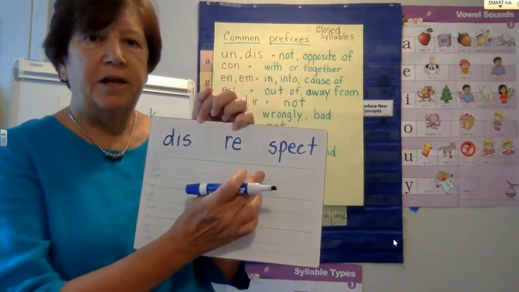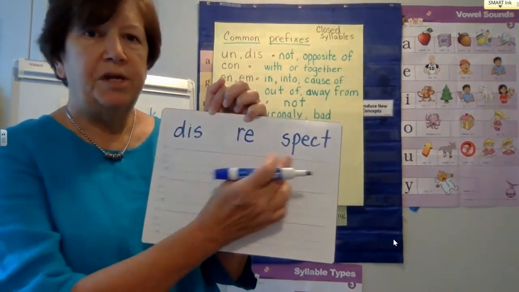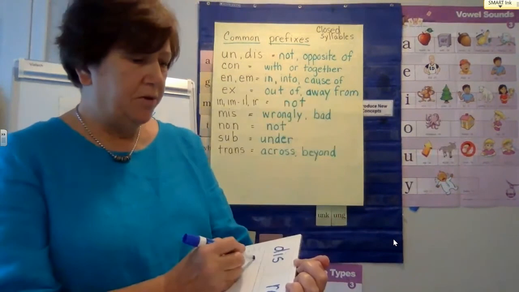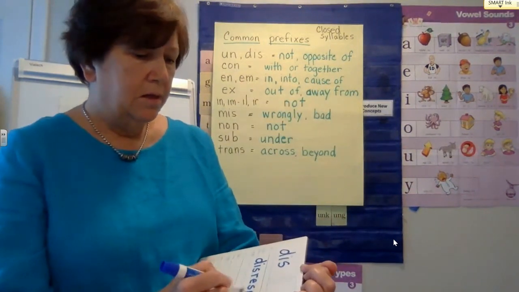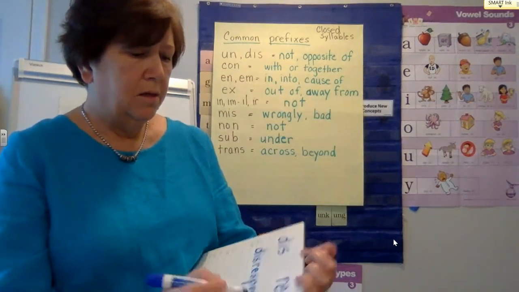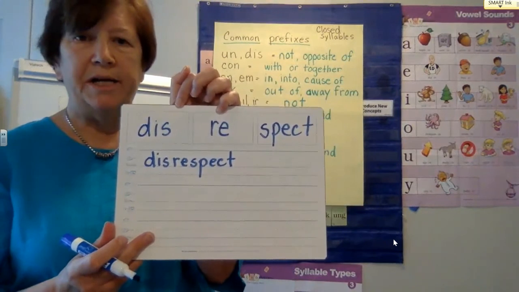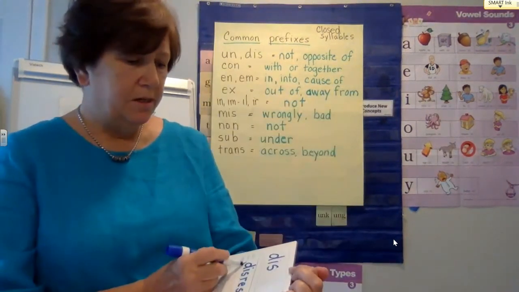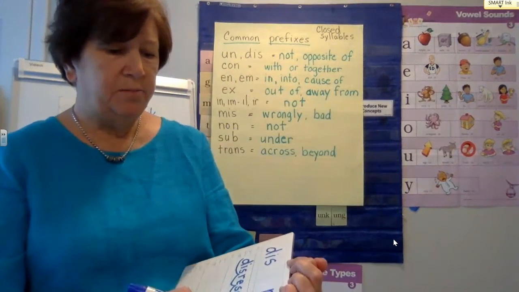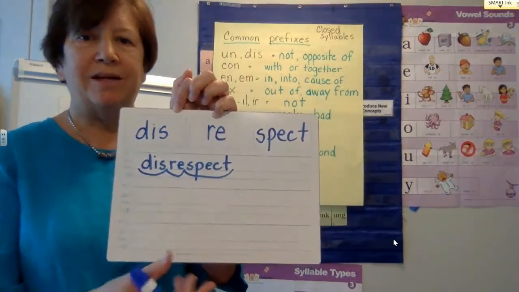How did you spell it? S-P-E-C-T? Good. Disrespect. Let's go ahead and write it on the lines. D-I-S-R-E-S-P-E-C-T. Go ahead and scoop it. Disrespect.